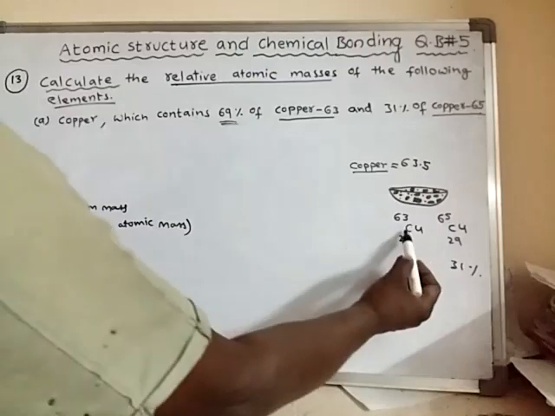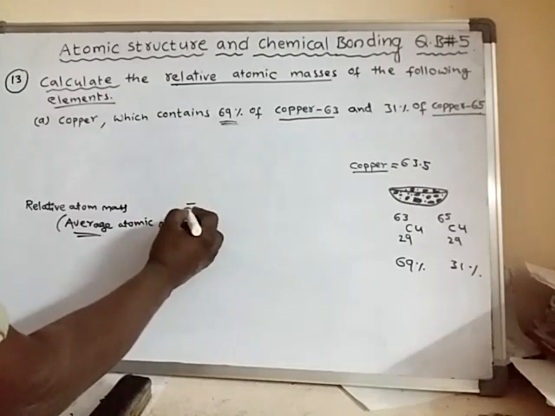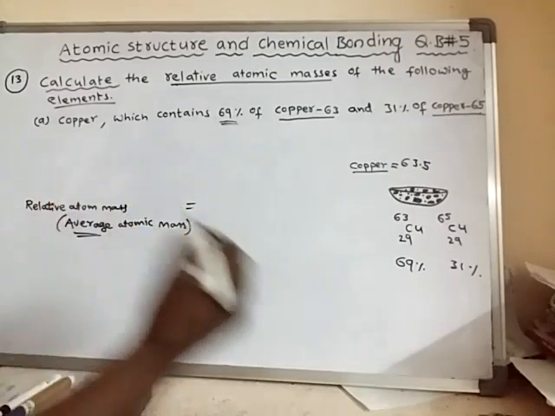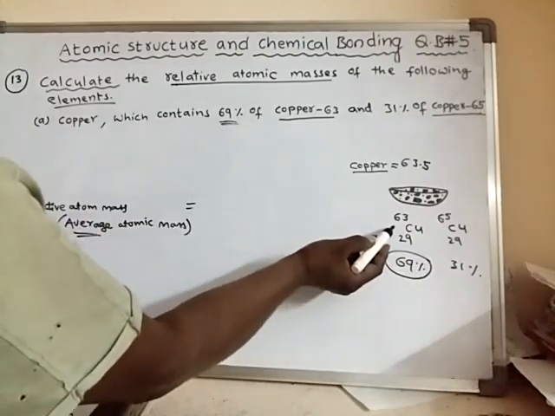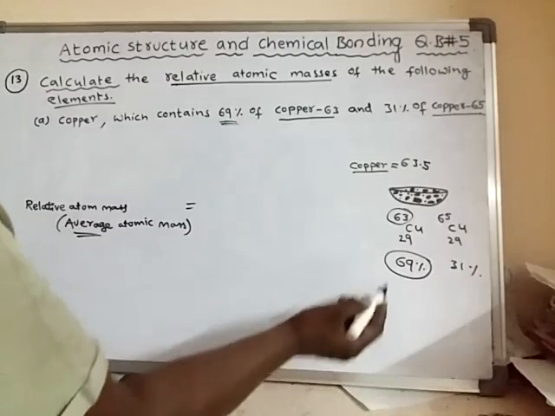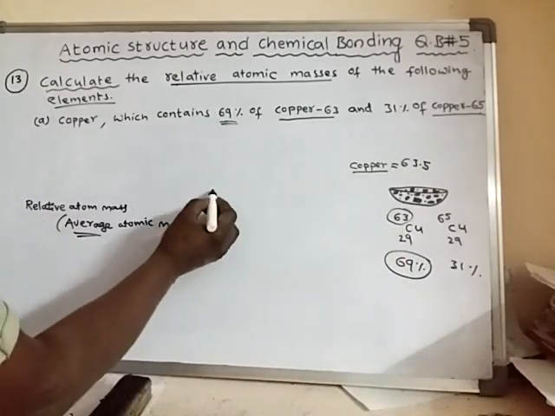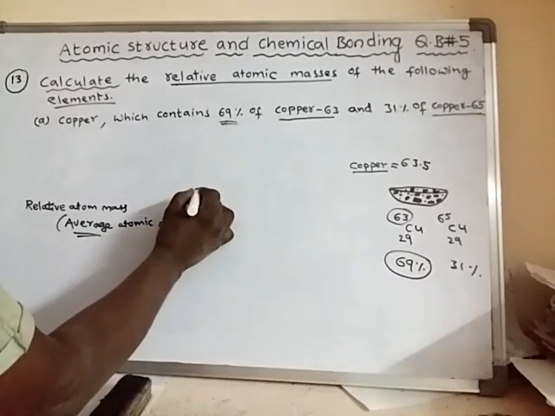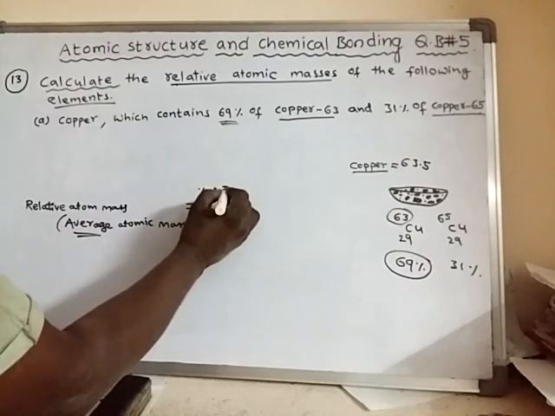How do we average the values of these two? That is the big question. There is a small formula to do that. Simply, it is the percentage of copper 63 into the mass of that copper 63. So the percentage of this atom into the mass of this atom.